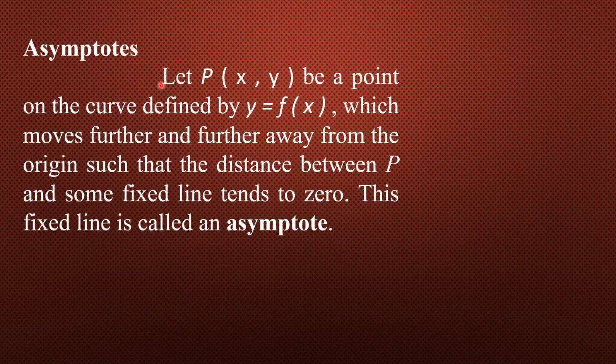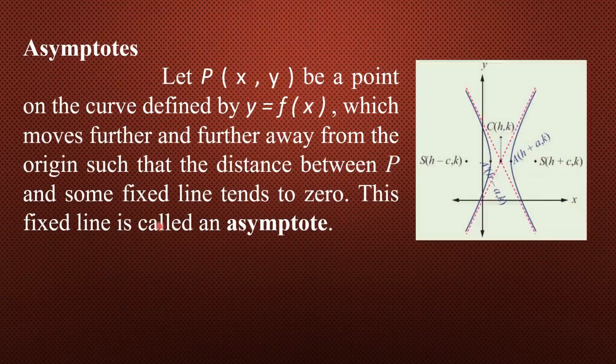Next we are going to see about asymptotes. Let P(x, y) be a point on the curve defined by y equal to f(x). That is, consider one point P on that curve y equal to f(x), which moves further and further away from the origin such that the distance between P and some fixed line tends to 0. This fixed line is called an asymptote. So an asymptote is nothing but a line. Look at this diagram.